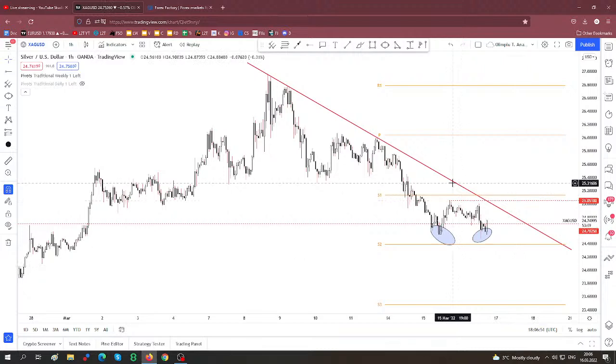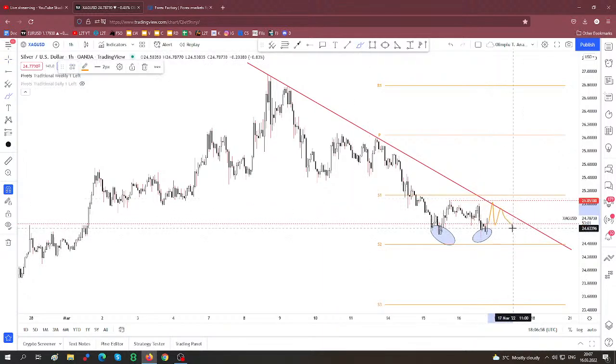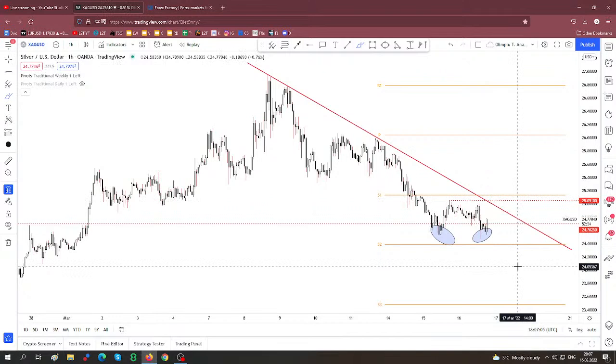Also, as long as it stays right below the immediate downtrend line, it could only retest this before dropping deeper. It could register only false breakouts, so you have to be careful. Something like this here in silver.